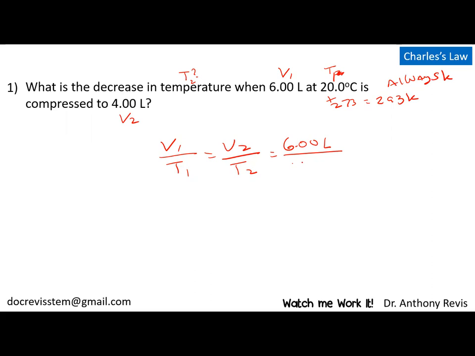And so here, this is going to be 293 K equals V2, which is 4.0 liters. They're in the same unit, so that works really nice, over T2. I would do this, and then I would let my calculator do the rest of the work.